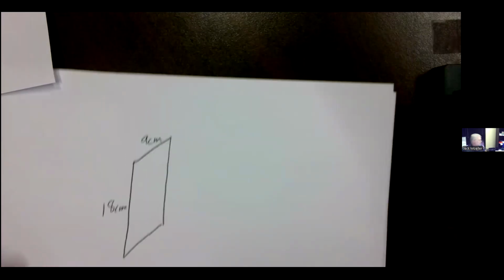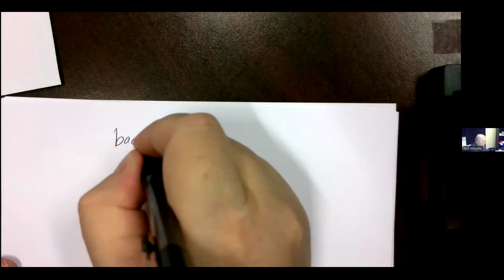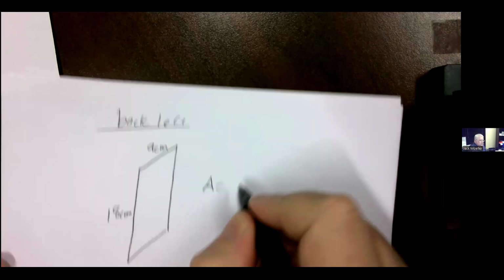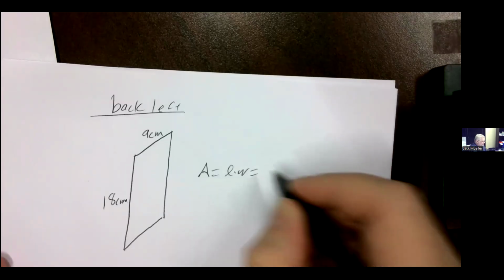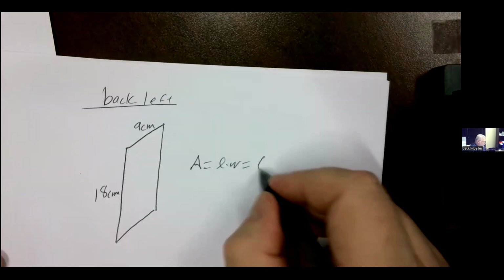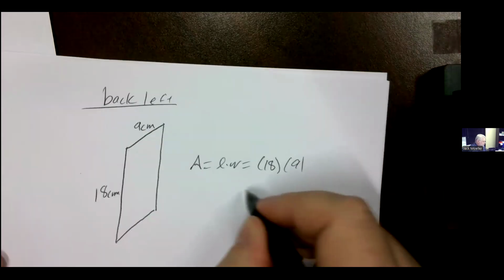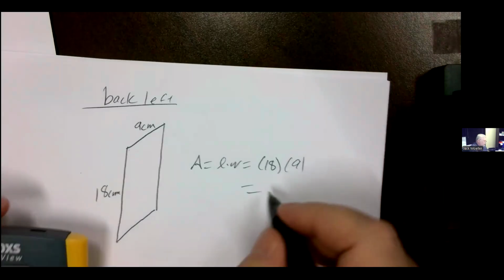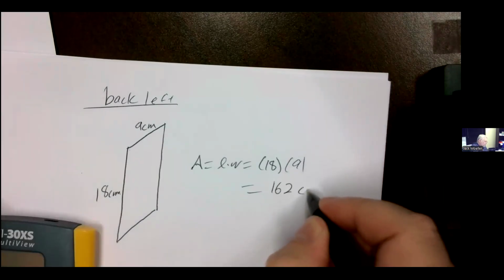So we don't have any weird things. We don't need Pythagorean theorem on this because we know both our sides. So area is just length times width, or base times height, or however you want to say it. It's just 18 times 9. We get 162. We're still dealing with square centimeters.